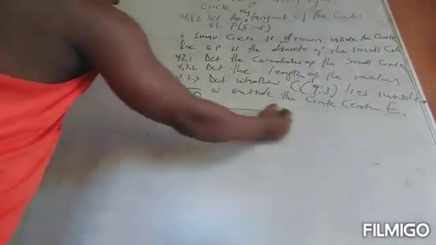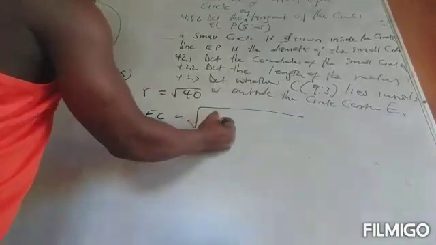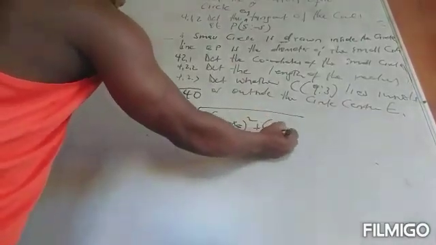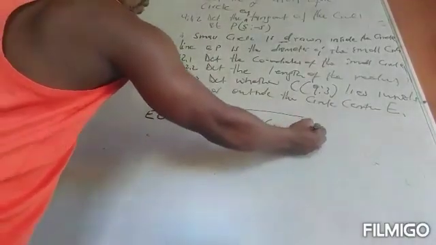EC is equal to the square root of (XC minus XE) all squared plus (YC minus YE) all squared.